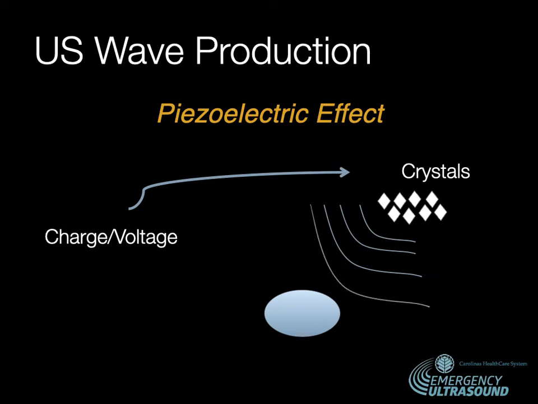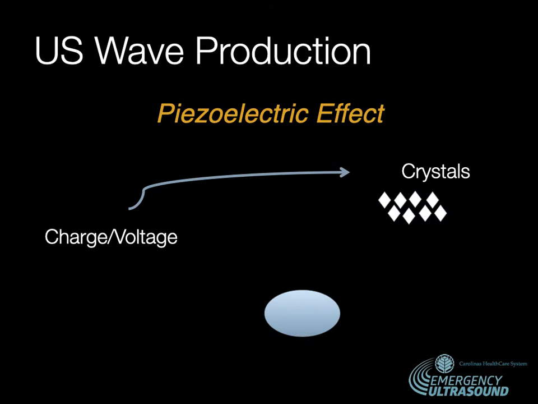So when we talk about ultrasound wave production, or the magic that produces the ultrasound image that you see on the screen, we have our ultrasound probe that houses these piezoelectric crystals. A charge or a voltage is applied to these piezoelectric crystals, which can be natural or man-made, and then these crystals start to vibrate at a given frequency.